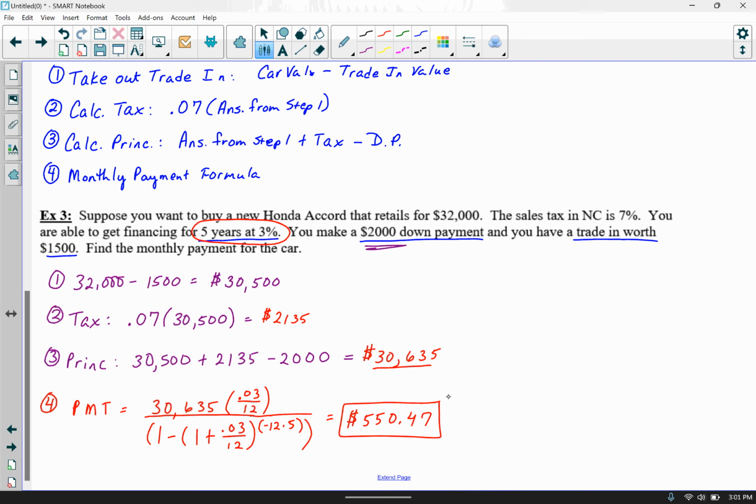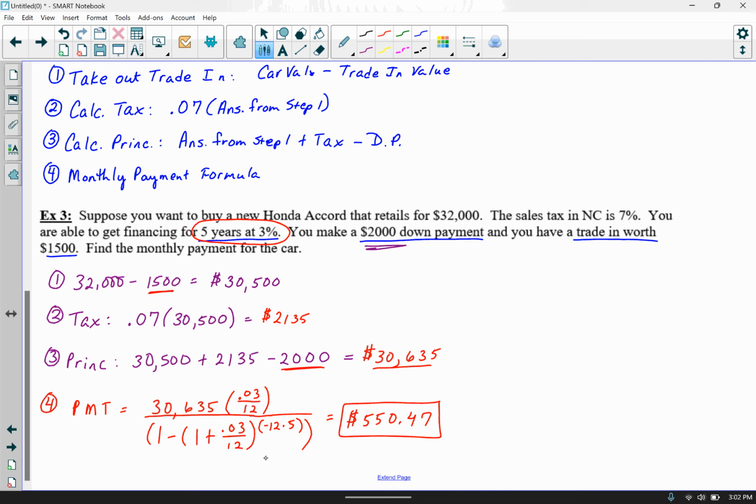Okay. So you can then think about it from there. Is that still too much a month for you? Do you have, for example, maybe more of a down payment that you can make? Maybe you can negotiate, will you give me more for my trade-in? Maybe shop around and see if you can get yourself a better interest rate. You could even choose to finance it for longer.